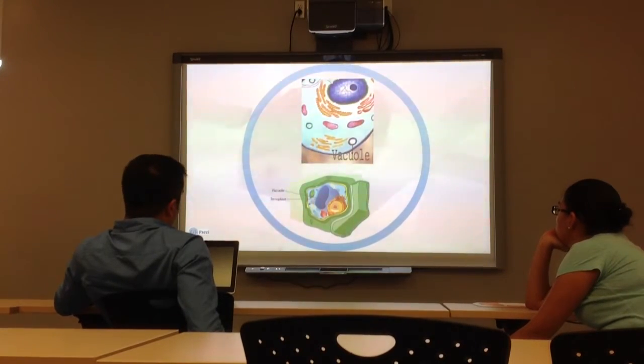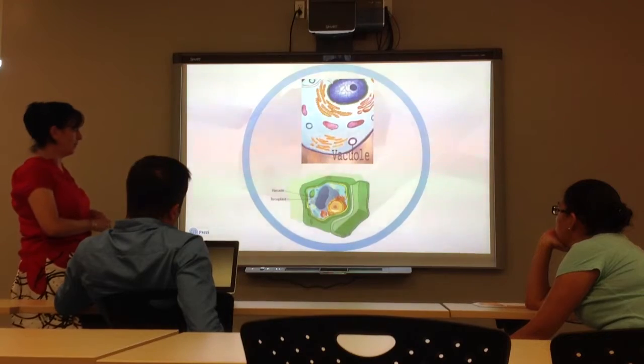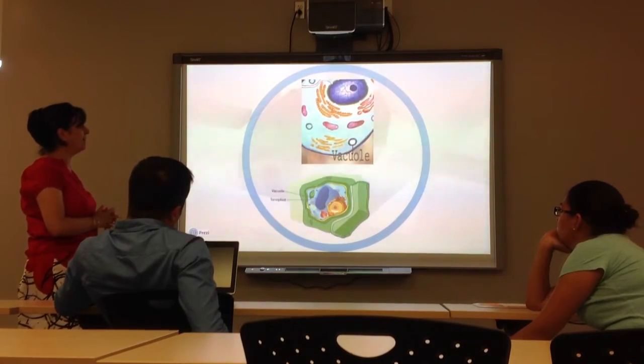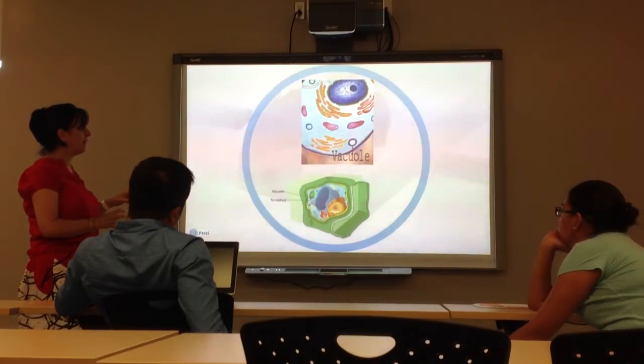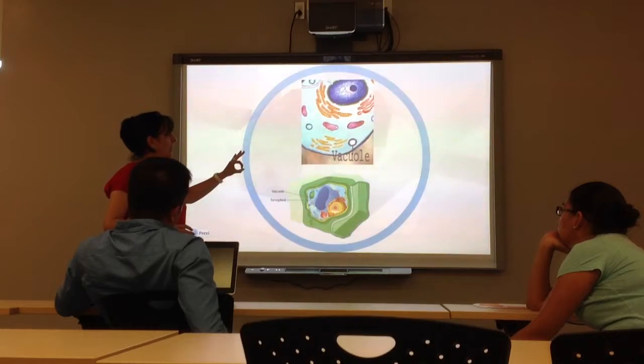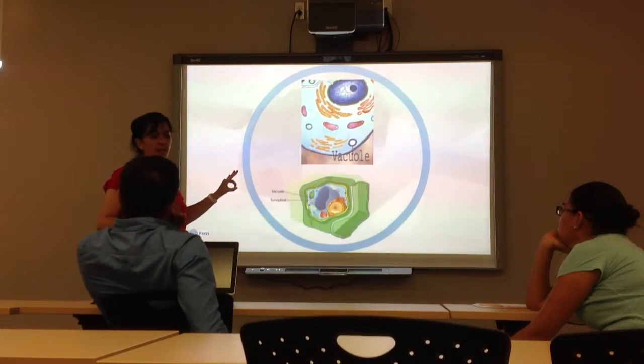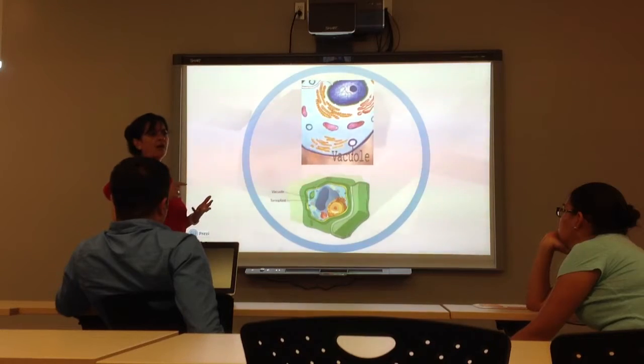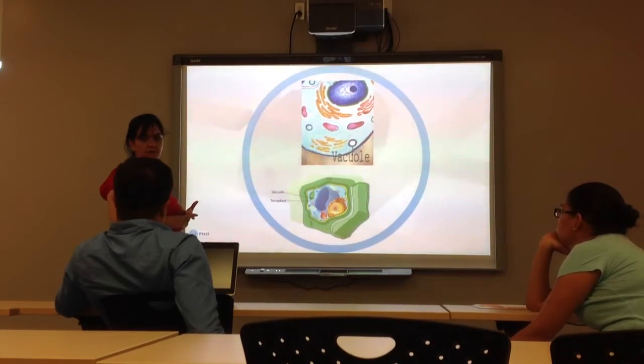The vacuoles are other of the common organelles, and they are a little compartment surrounded by a membrane that can hold water, sugar, proteins, whatever it takes.